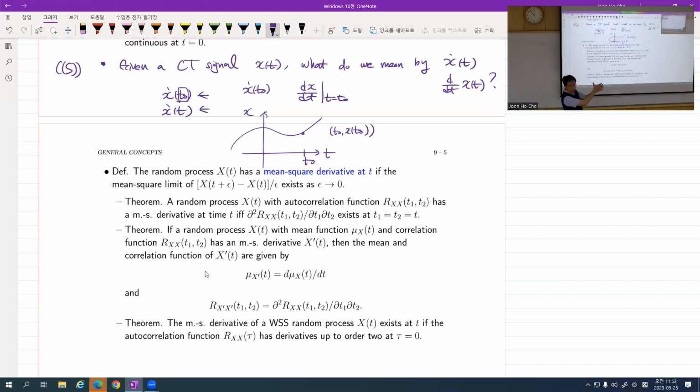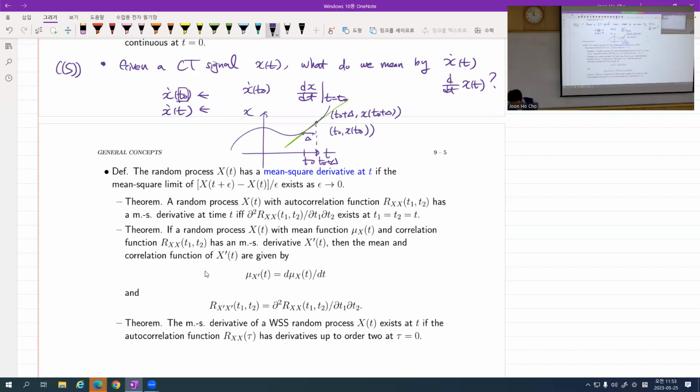Then you consider some displacement delta, according to your high school textbook. So here goes an interval of length delta. And here you have (t0 + delta, x(t0 + delta)). And here you compute the slope of the straight line connecting these 2 points.